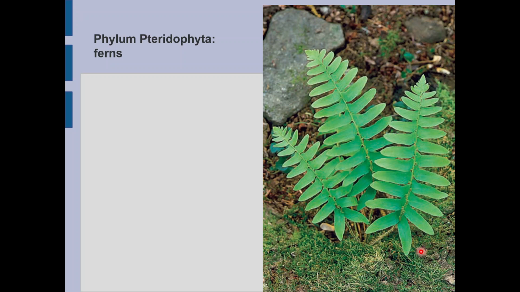Ferns are common in the tropics, and they are very large, so they form trees. In temperate regions, ferns are usually in swamps, marshes, and moist woodlands.